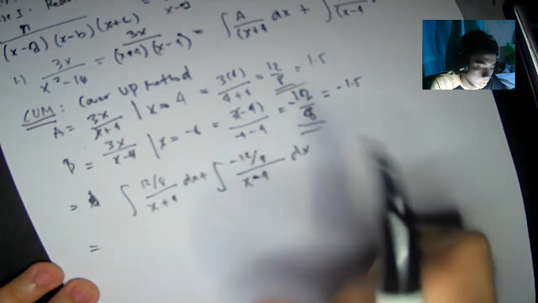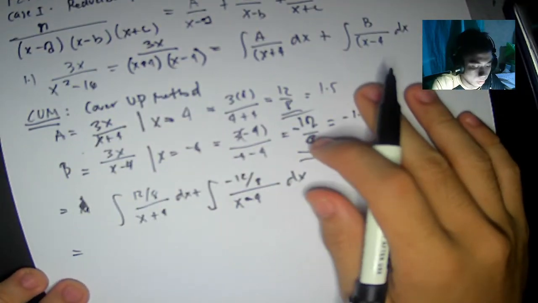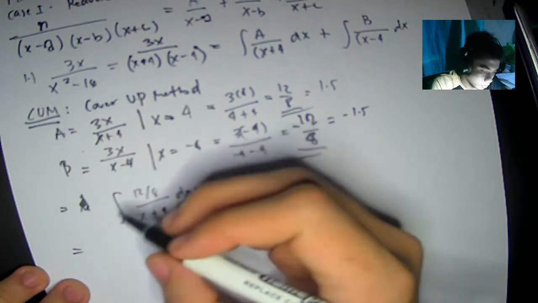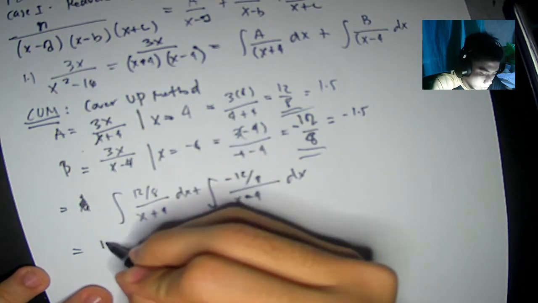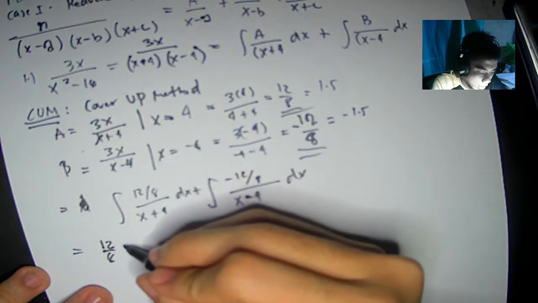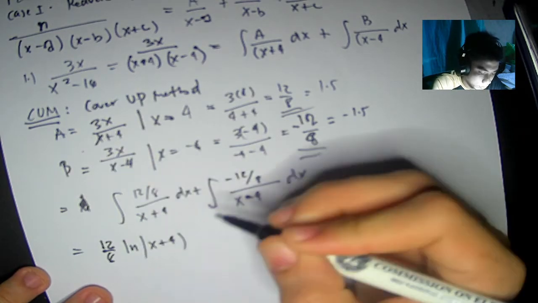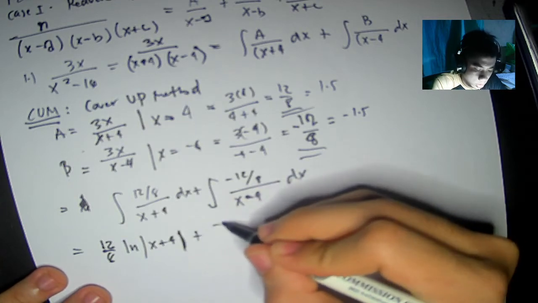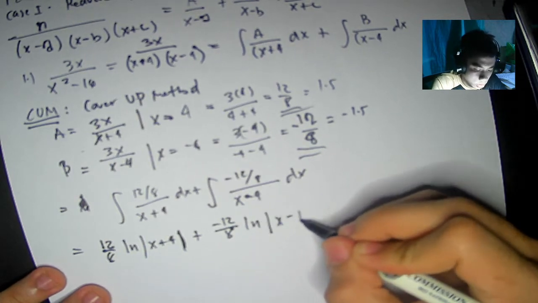To simplify, we have 12 over 8 ln of x plus 4, it should not be negative, plus 12 over 8 ln, what is the denominator? x minus 4.